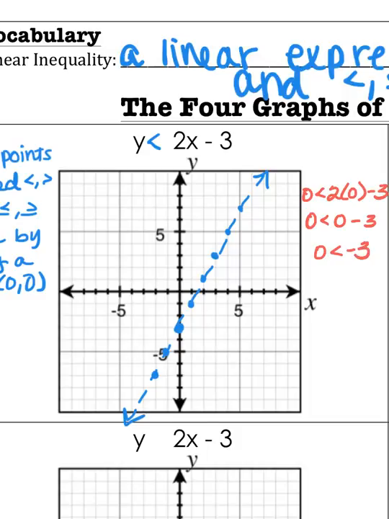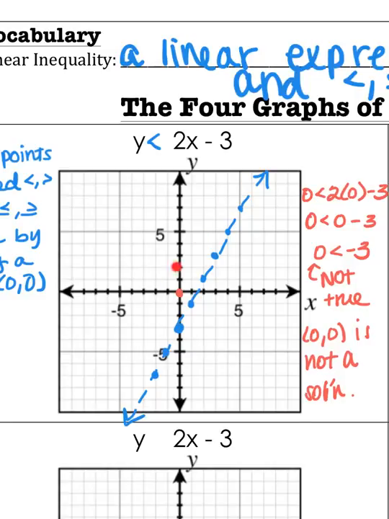Is that true? That's what you want to ask yourself. Is 0 less than -3? If it's not true, which it's not, it means 0, 0 is not a solution. So if 0, 0 is right here, I split this up into two regions. So I have the top region up here, and I have the bottom region.